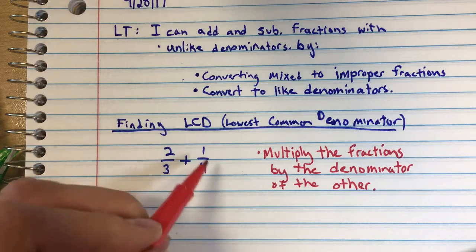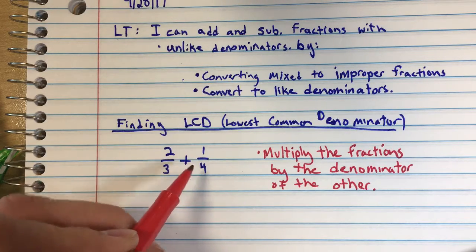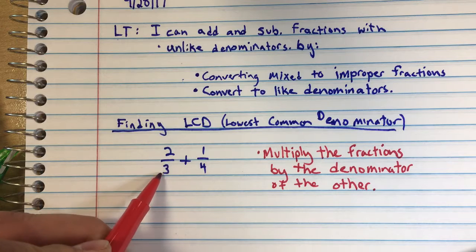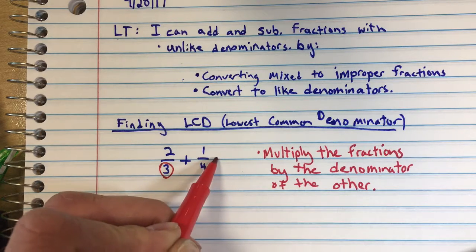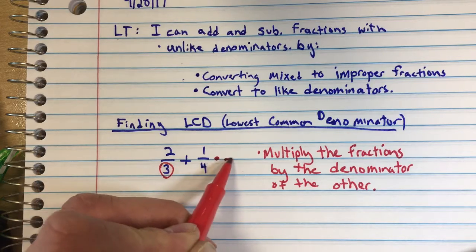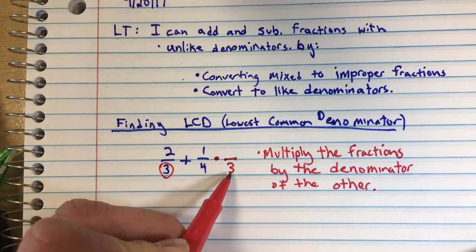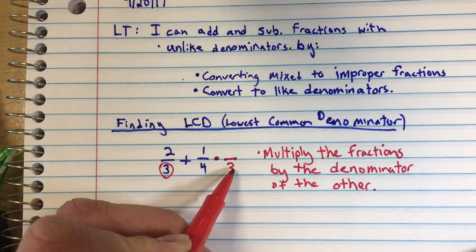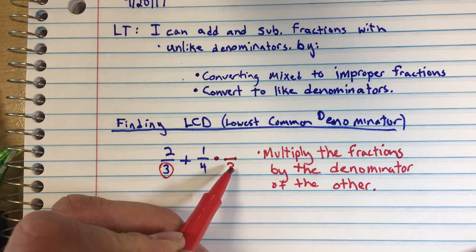Multiply the fractions by the denominator of the other. What that means is you're going to take the 1/4 and it gets multiplied by the denominator of the other fraction, which is a 3. So I'm going to multiply by 3. Now I just can't multiply it by a denominator of 3. The whole idea of being equivalent means that it's the same.